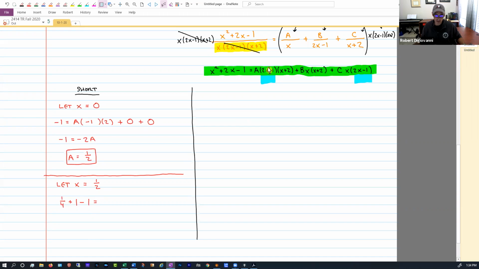Now, what can you tell me about this whole piece here with A? It'd be 0, right? By design, that's 0. Plus now the B one's going to still be there. We're going to have B times X, which is a 1/2.